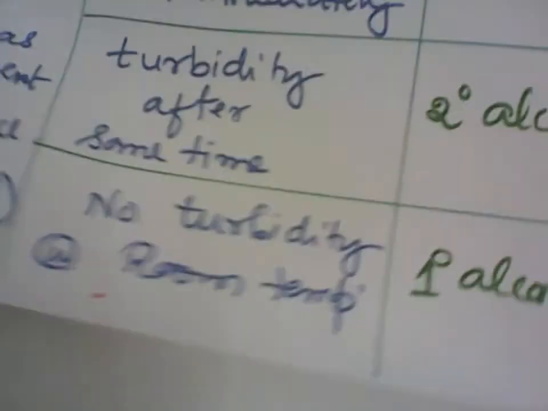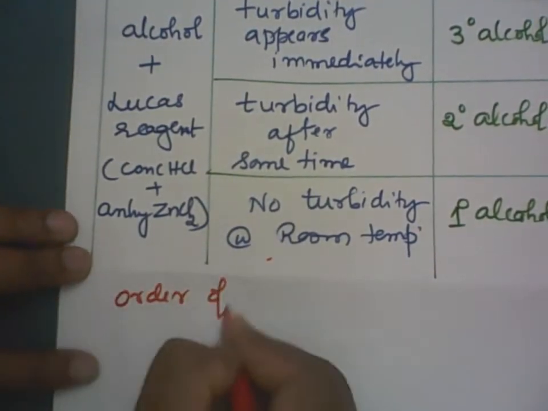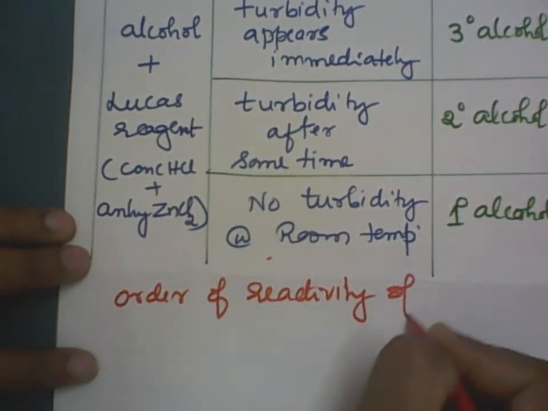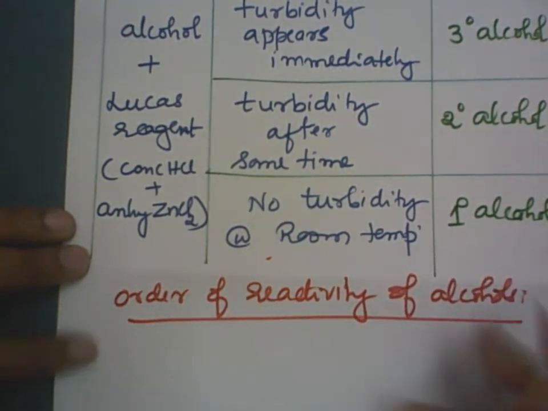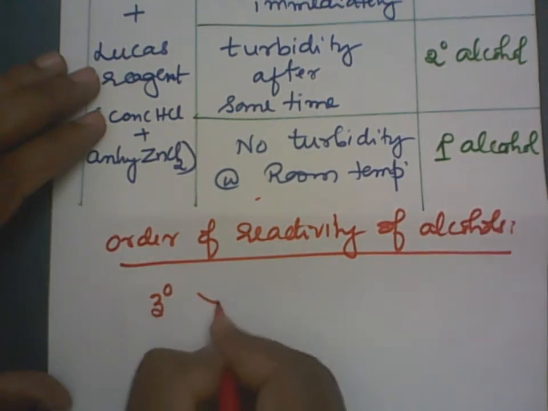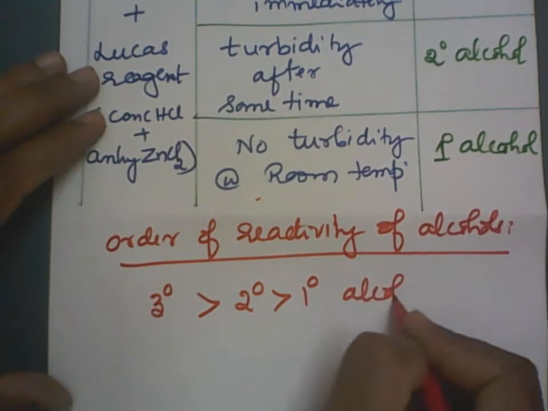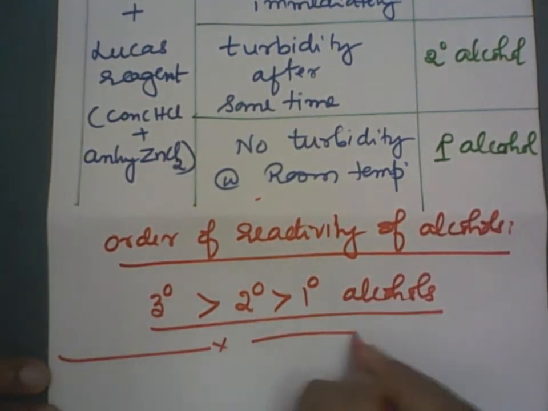Therefore we can write the order of reactivity of alcohols towards the Lucas reagent: tertiary alcohol reacts more easily than secondary, than primary alcohols. Clear? So this is the use of the Lucas reagent.